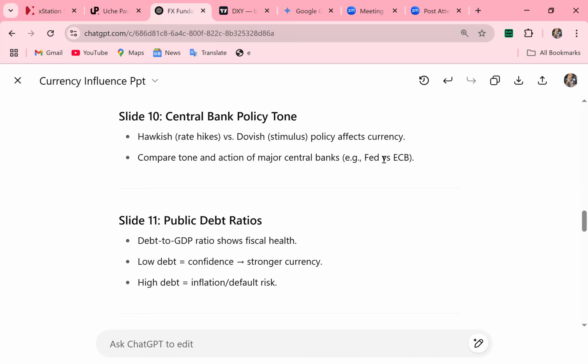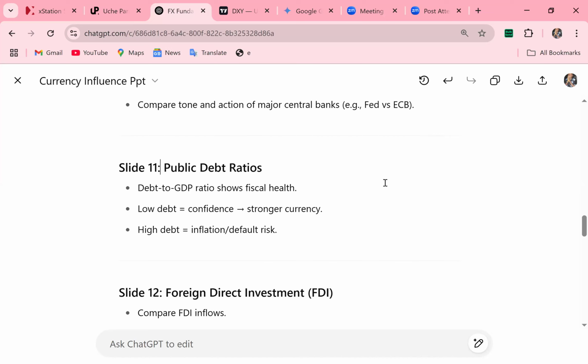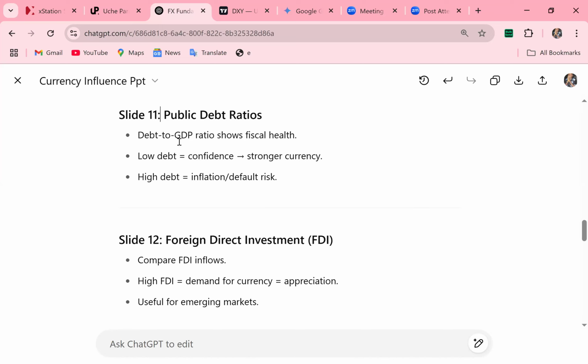The Fed is the federal bank policy of the United States, and the ECB means European Central Bank. Now, you can go on to the public debt ratio, or what we call debt to GDP. So you can ask yourself, what is the debt to GDP of a particular country we are using to analyze it?